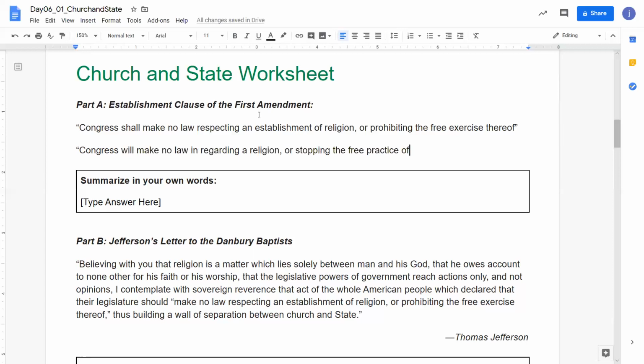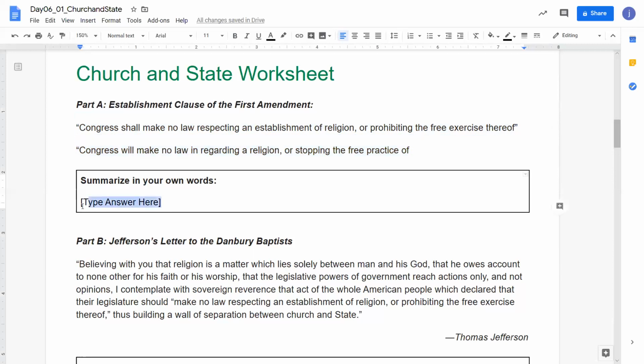So this is my simplified version. I just took the same thing, but simplified it a little bit. Congress will make no law in regarding a religion or stopping the free practice of a religion.